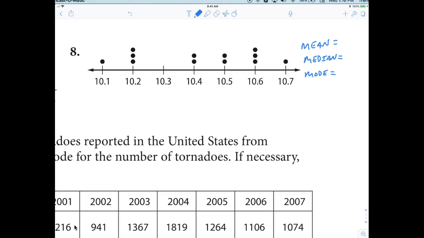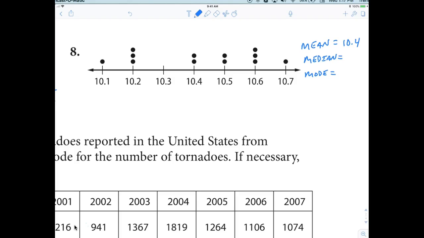So we'd say about 10.4. Anybody else get 10.4? I'm waiting. Yeah, 10.4. All right. So because of that, we're just going to round to 10.4.